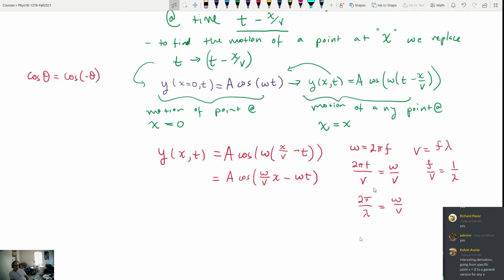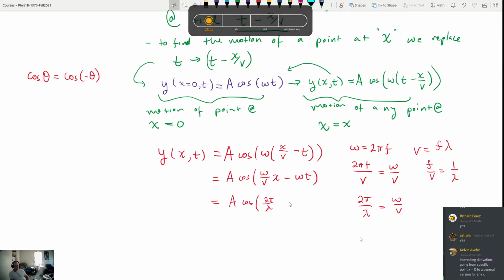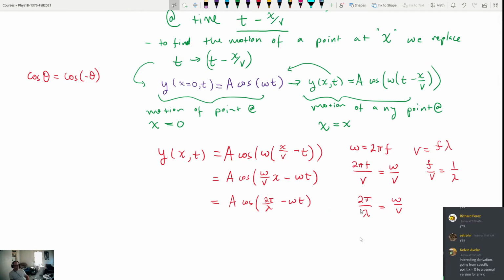This is what we came up with when we just kind of thought about things. So then we end up getting a cosine of 2 pi divided by lambda times x minus omega t. But we actually define this 2 pi over lambda to be equal to something we call k. We call this the wave number.